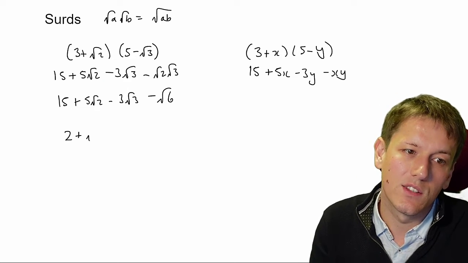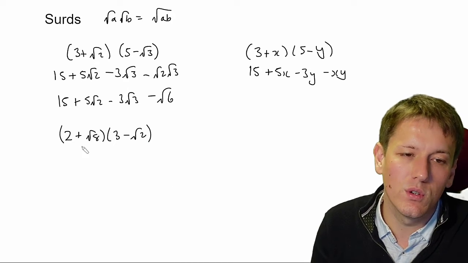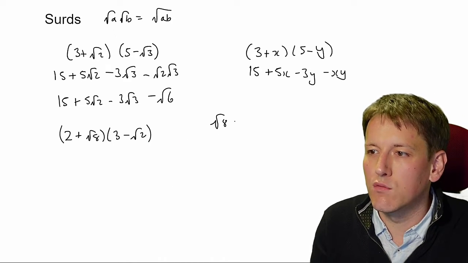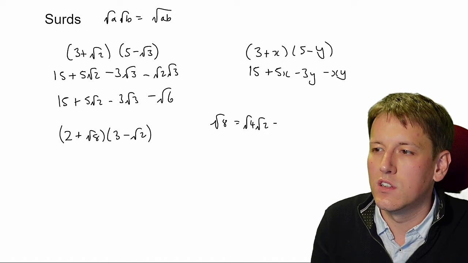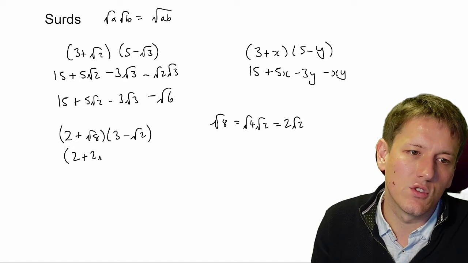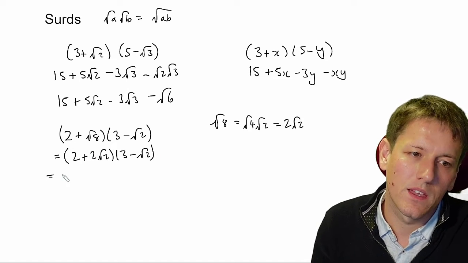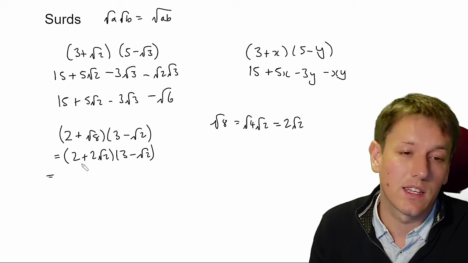So if I did (2 plus root 8) multiplied by (3 minus root 2), well, we've seen already that root 8 is equal to root 4 times root 2, which is 2 root 2. So I can actually write this as (2 plus 2 root 2) times (3 minus root 2). And now multiplying it out, I will get more combinations.